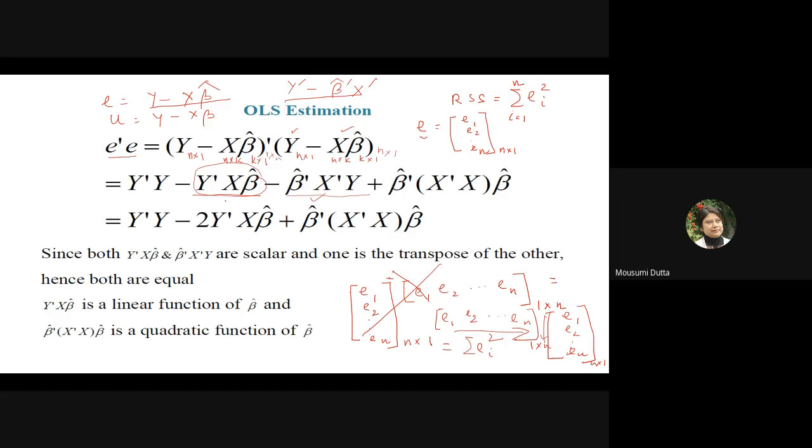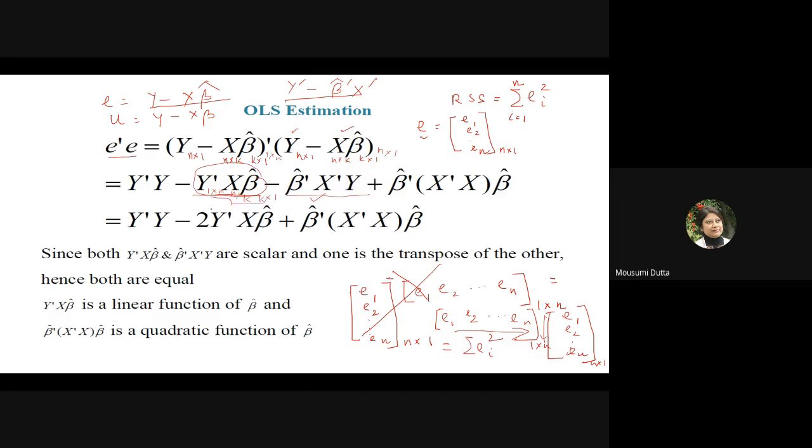Now, individually, y prime x beta hat as well as beta hat prime x prime y are scalars. If I look at the order, y is of order n by 1, so y transpose is of order 1 by n. X is of order n by k. Beta hat is of order k by 1.